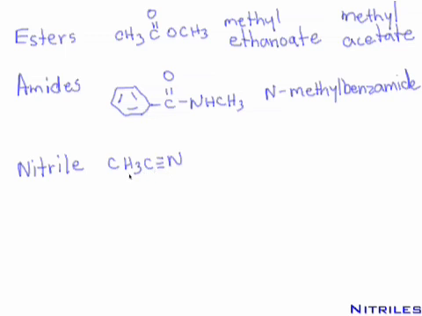The alkane is a 2-carbon chain in this case, so it's an ethane. So the IUPAC name is ethane nitrile. The common nomenclature involves taking the carboxylic acid name, such as acetic acid, dropping ic acid, and adding the term onitrile. So the common name is acetonitrile.